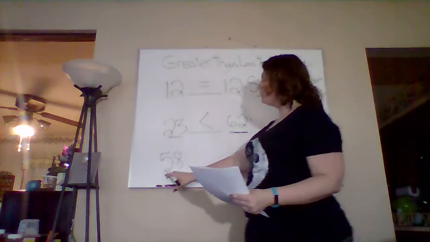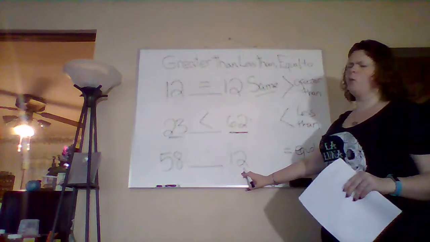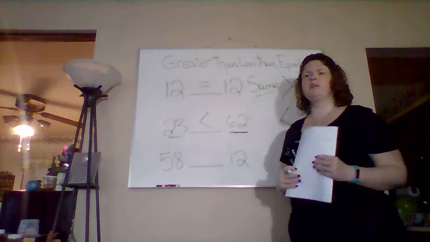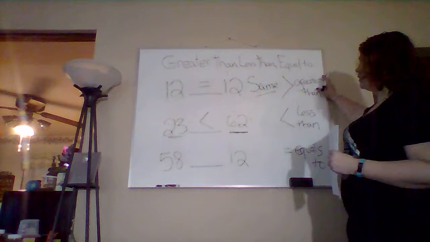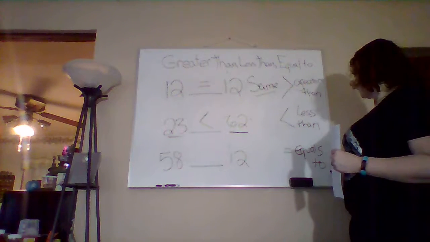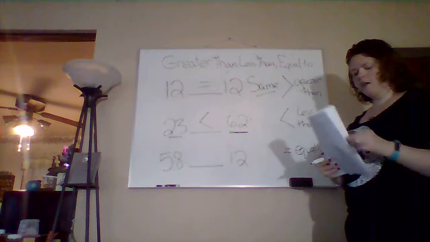All right. So for the next problem, we have 58 and we have 12. What do you guys think? What symbols should go in between? Again, greater than, less than, or equals to. I'll give you guys just a moment to think.